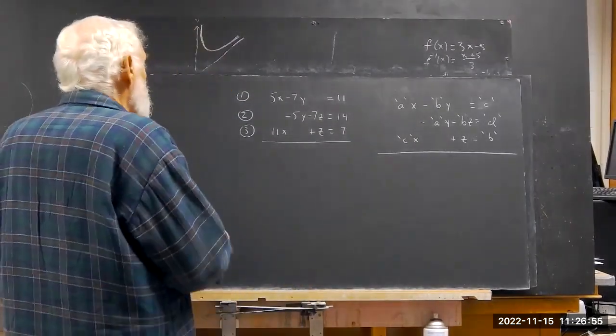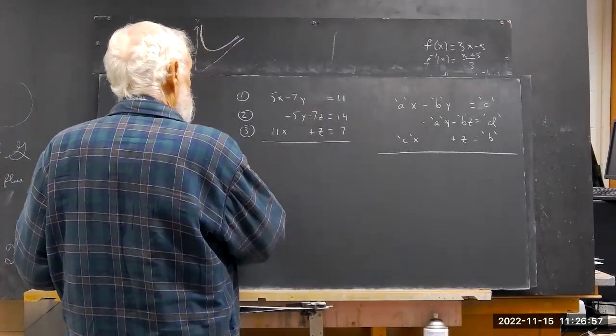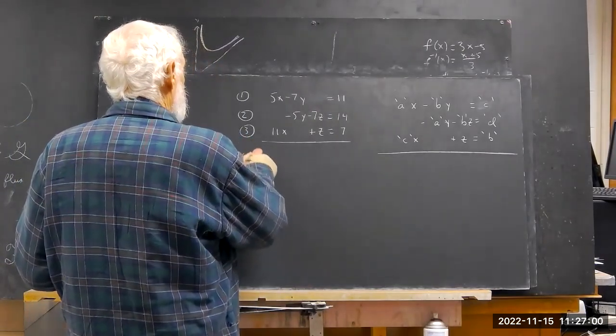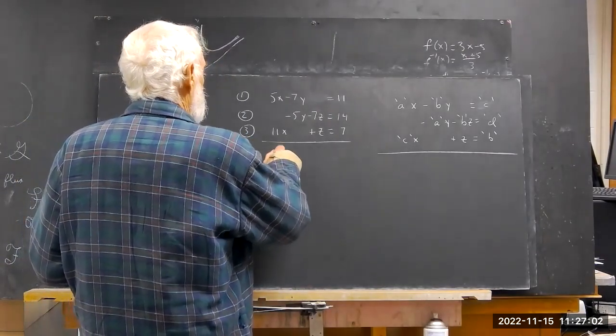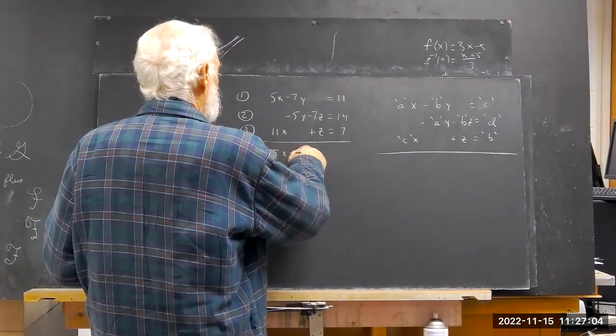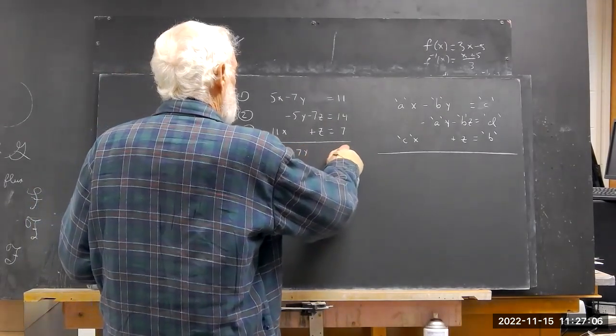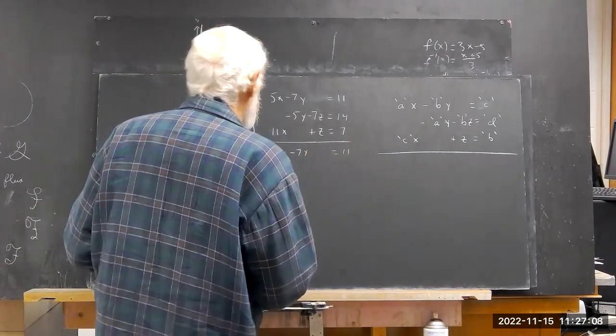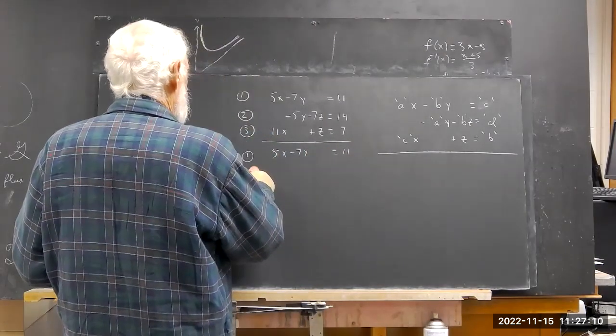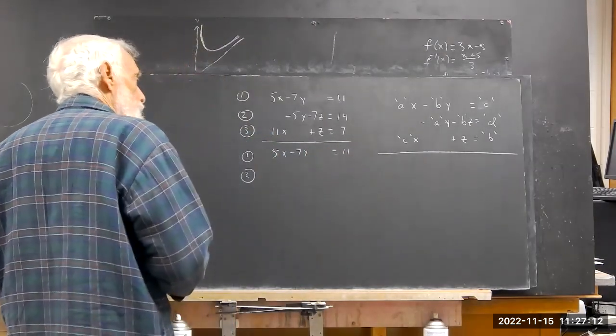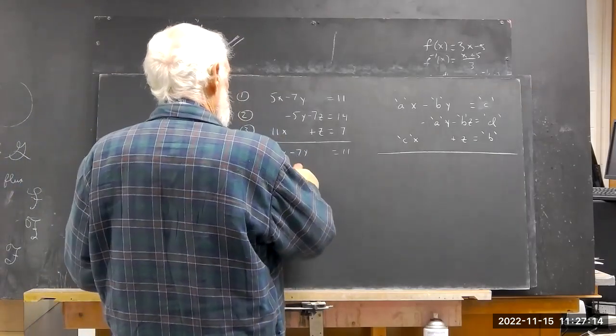Okay, so the way I write this is, I write down equation 1 from before, because I'm not going to do anything to it right now. Now equation 2, I'm not going to do anything to it.